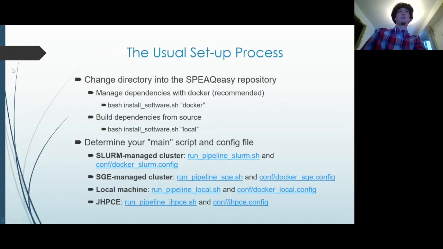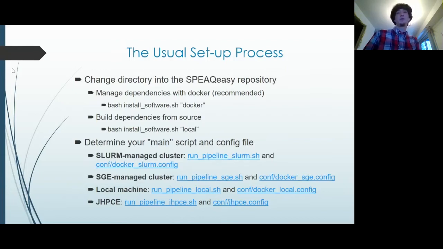So that depends on your computational environment. If you have a cluster managed by the Slurm scheduler, you would choose run_pipeline_slurm.sh just in the main directory. And then the associated config would be in the conf directory, docker_slurm.config.